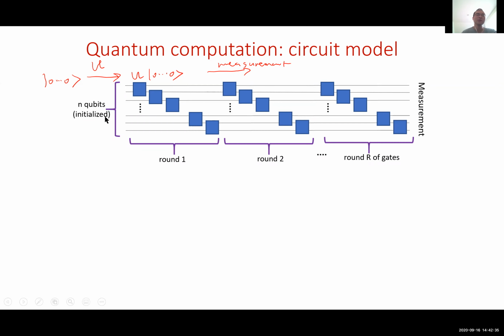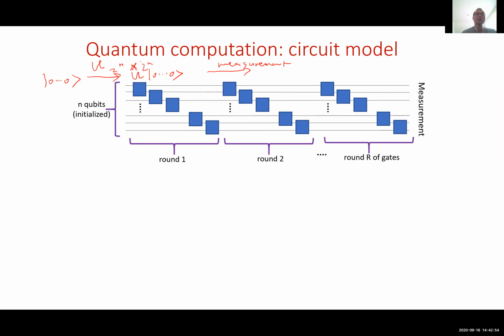So first, qubits are initialized, for example, all in the 0 state, and you want to run a really large unitary on the n qubits. So in principle, this is a 2^n by 2^n matrix.